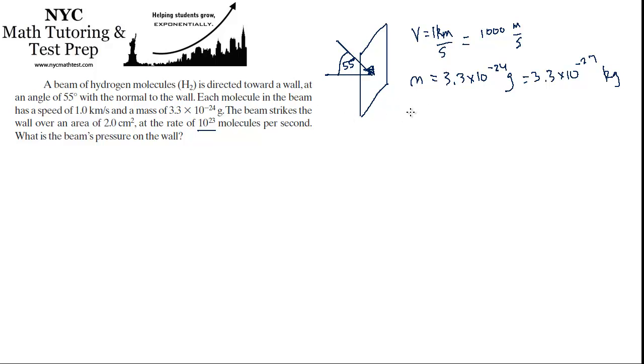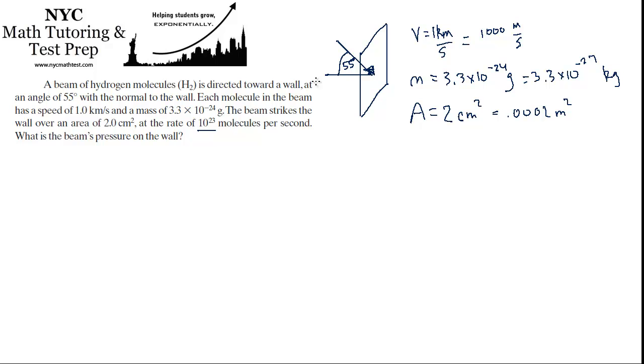The beam strikes an area of 2 square centimeters, which you have to get from centimeters to meters. You have to divide by 100, but since it's squared, you have to do that twice. So that would be 0.0002 meters squared. That's the area. And then we have this other little fact.